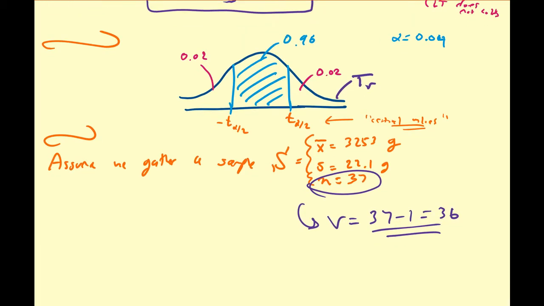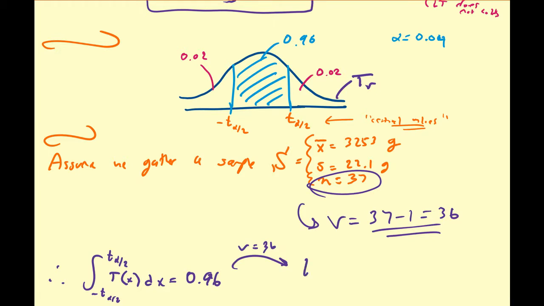With that being said, we can proceed with the normal routine. The integral from minus t alpha over 2 to t alpha over 2 under the t distribution with respect to x must be equal to 0.96. And if nu is equal to 36, one can find the critical value t alpha over 2 to be about 2.517.